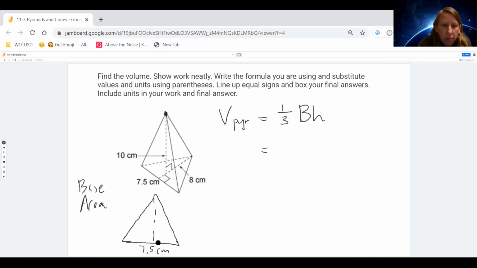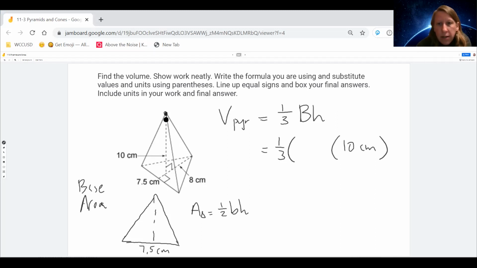And so what shape is the base? Well, it's a triangle, and we know the area of a triangle is half the little base times the little height. The height of the pyramid is 10. It's 10 to get from the base up to the apex, 10 centimeters.